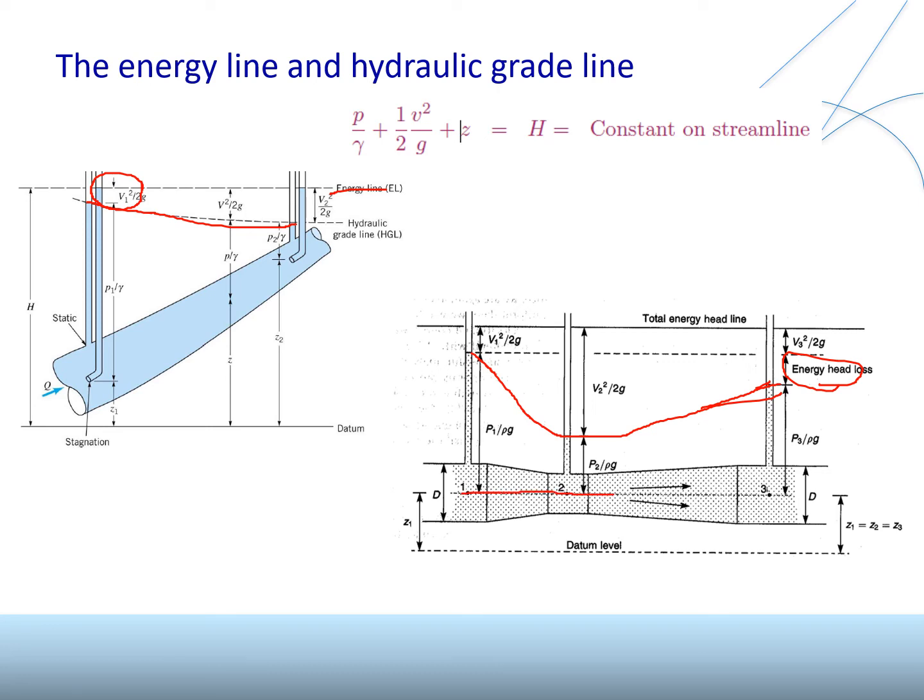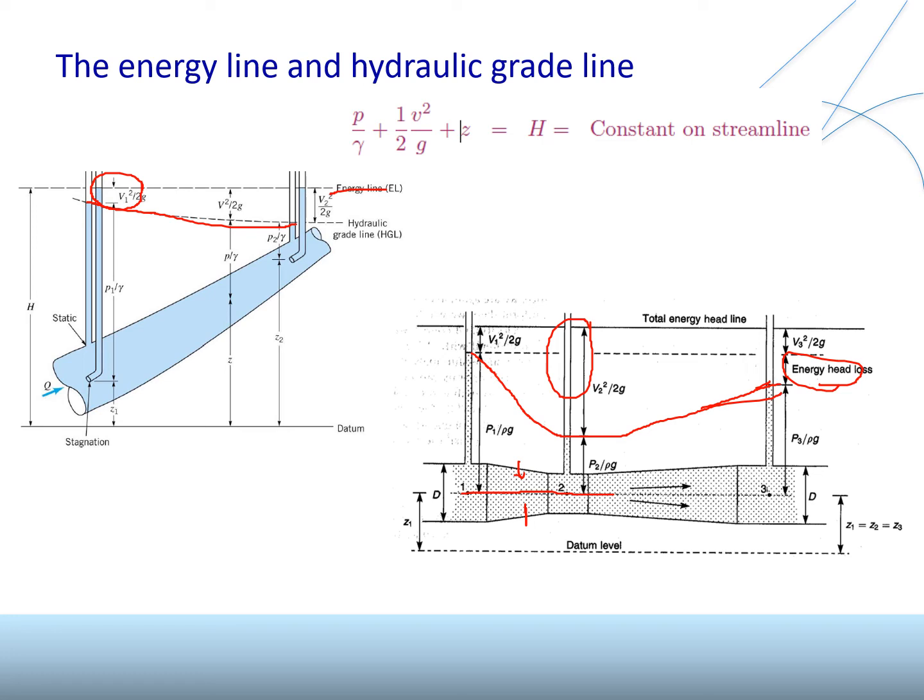Now, because the cross-section area of this pipeline changes, the velocity has to increase, and the velocity head will be increased, and that makes the pressure head decrease. So that's why you don't see a horizontal hydraulic gradient line even in an ideal fluid. When there is a change in the cross section, there will be a change in the velocities, and the hydraulic gradient line will not be a horizontal line.